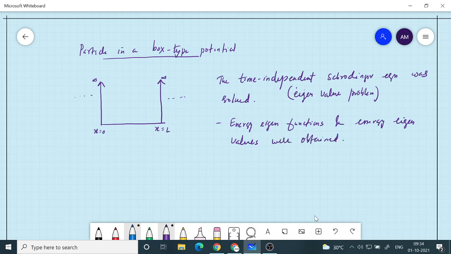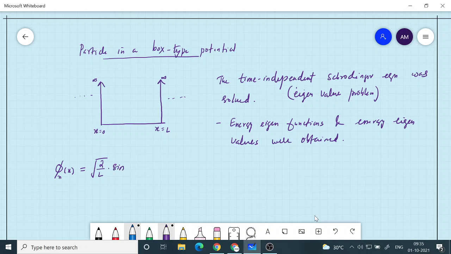Okay, so let me rewrite the expression that we got after all the normalization. So I called it phi. So let me be consistent. So phi suffix x is equal to square root of 2 by L. L is the length of the box. Then it was a sine function.